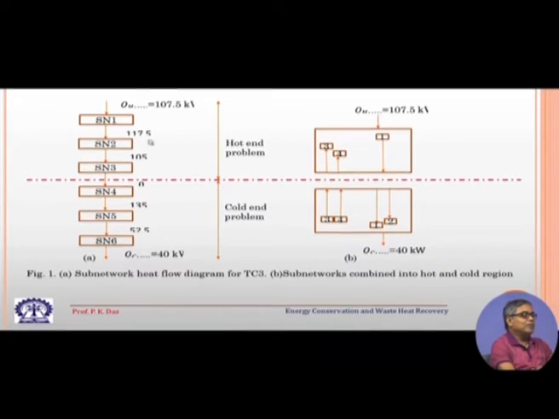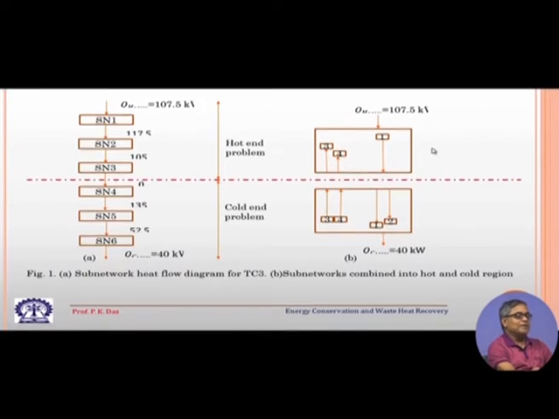There is a positive amount of heat release from the top network to the bottom network, but from SN3 to SN4 there is no heat transfer. So, this is basically the pinch point, and here this is the hot utility, and here 40 kilowatt, this is the cold utility.